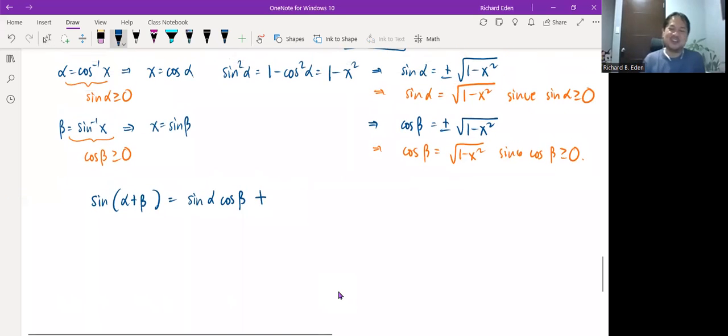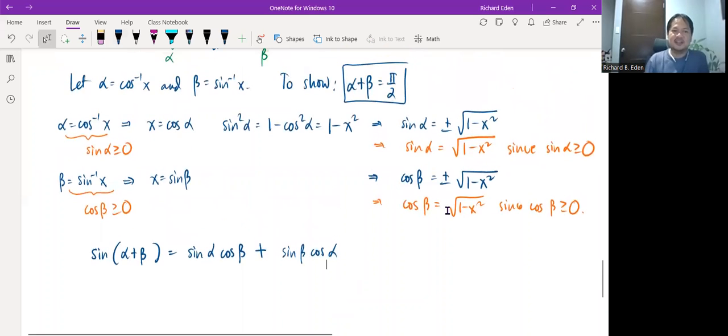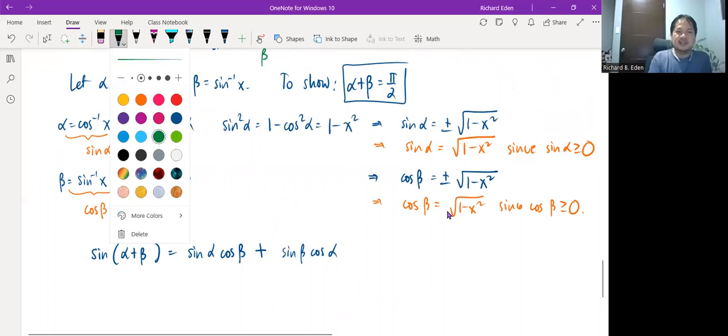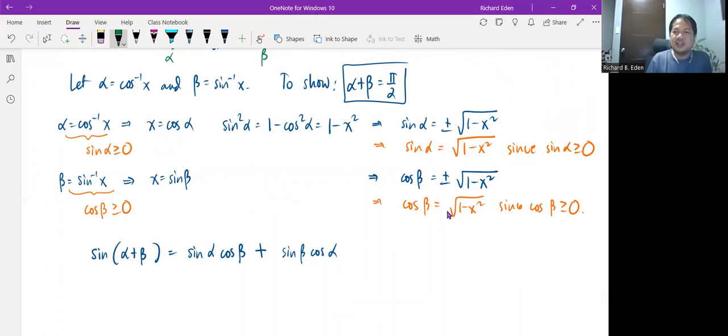All right, sine alpha cosine beta plus, alam mo na ang next, no? So sine beta cosine alpha or cosine alpha sine beta. Sine alpha is the square root of 1 minus x squared.